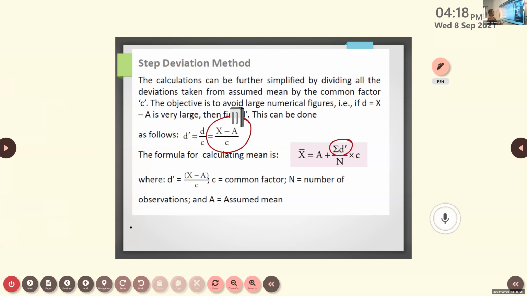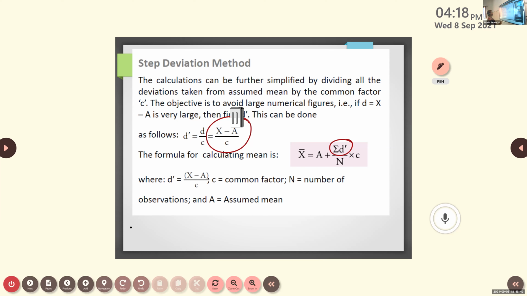After getting the deviation, you are dividing that with the common factor. When you add all these, you will be getting sigma D dash. That total you find, divide that by number of observations, again multiply that with common factor.